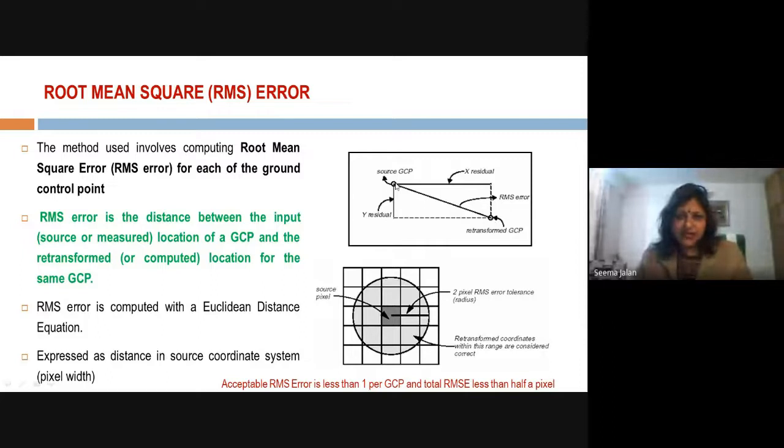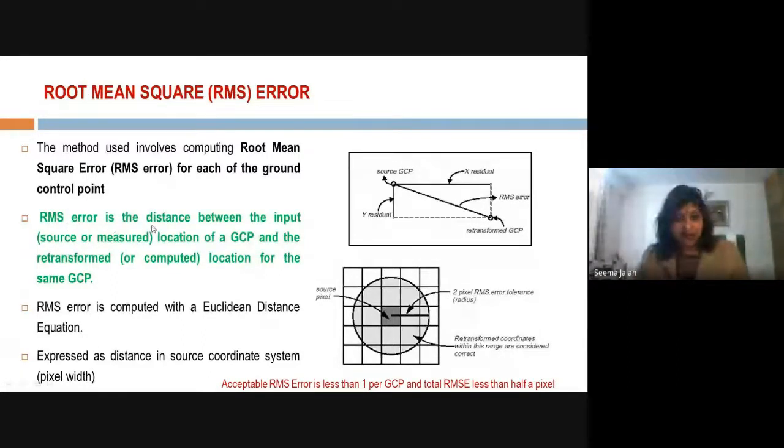That difference can be measured along the x-axis and along the y-axis. And if I want to measure this straight distance, I can always apply the Pythagoras theorem. So I will square this residual, square this residual, add both, and put it under root, and I will get the value of this. This is known as RMS error.